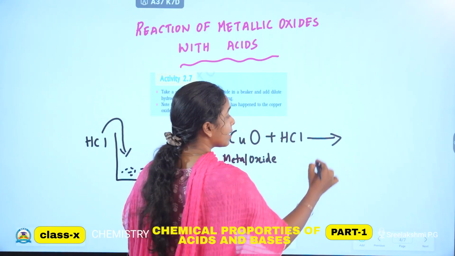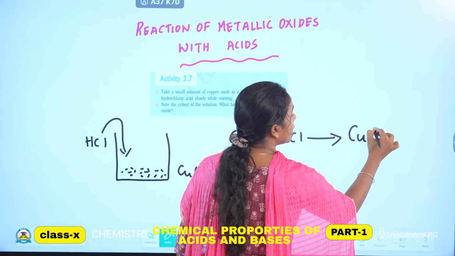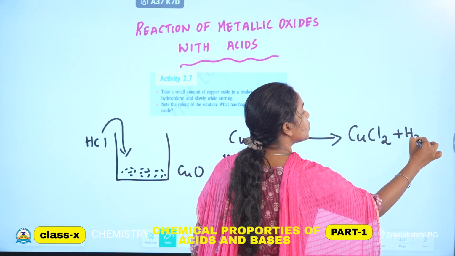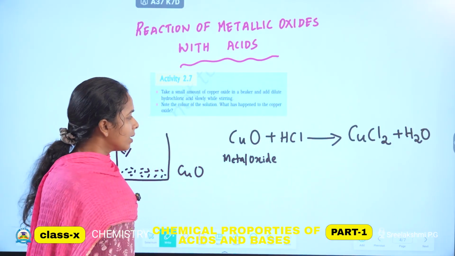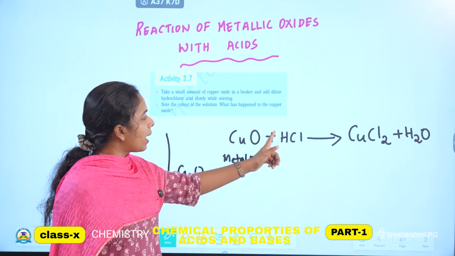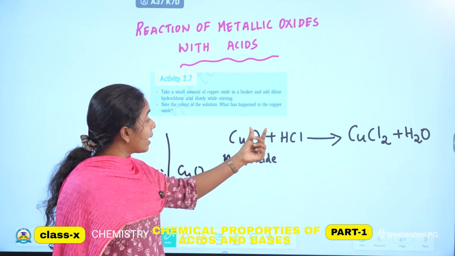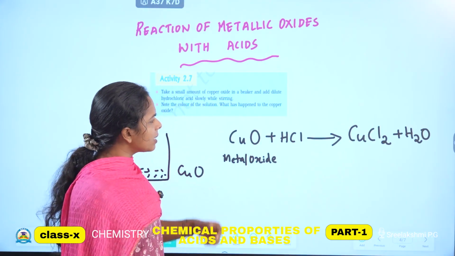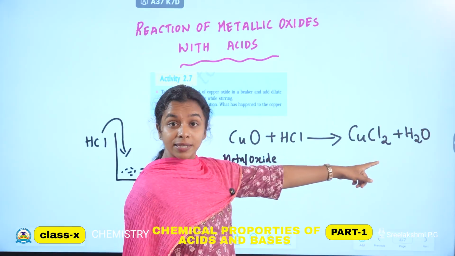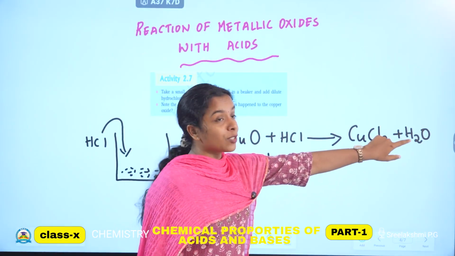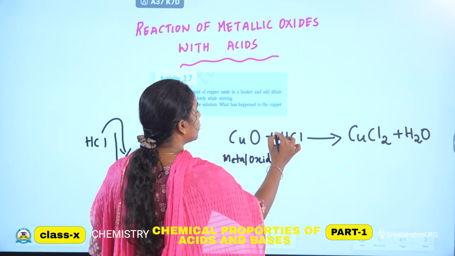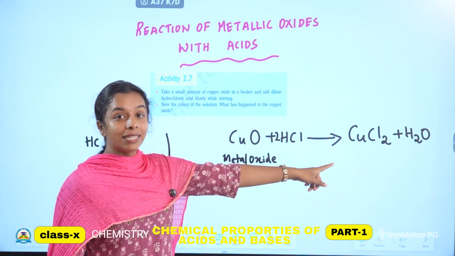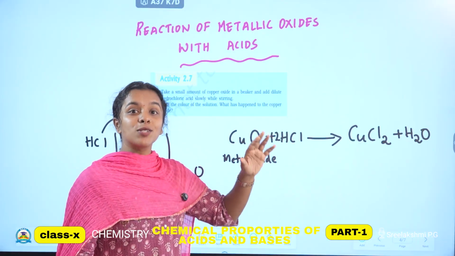You will get copper chloride plus H2O. So CuO reacts with HCl to give CuCl2 plus H2O. Is it a balanced equation? No. On the right side, you can see there are 2 chlorine atoms and 2 hydrogen atoms. So we will put a 2 on this side. So copper oxide plus 2 HCl will give CuCl2 plus H2O.